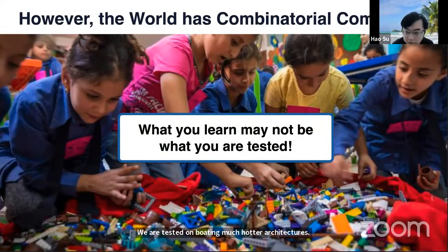This is our experience from young, that what you learn may not be what you are tested on. We have to face the real complexity of the world, which is combinatorial.